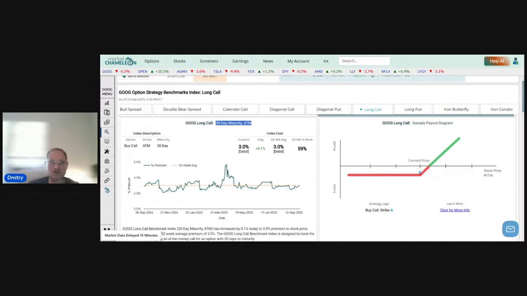And now that we defined it, we need a benchmark, right? A benchmark is needed because we don't have an exact 30-day maturity at-the-money option every time. The stock's moving around, and even if they listed a 30-day option today, tomorrow it's 29, then 28.